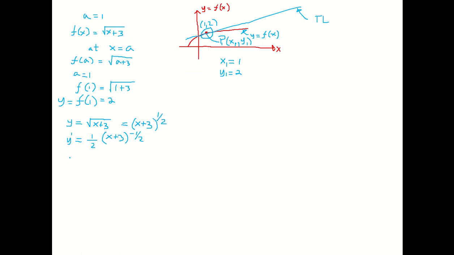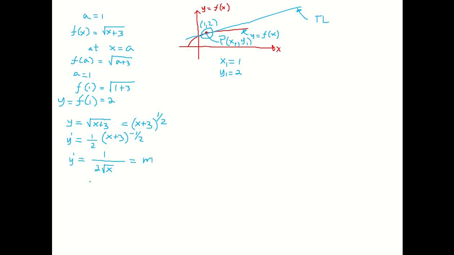So therefore we have y prime equal to 1 divided by 2 times square root of x plus 3. So this is our slope, equal to our m, slope of the tangent line.